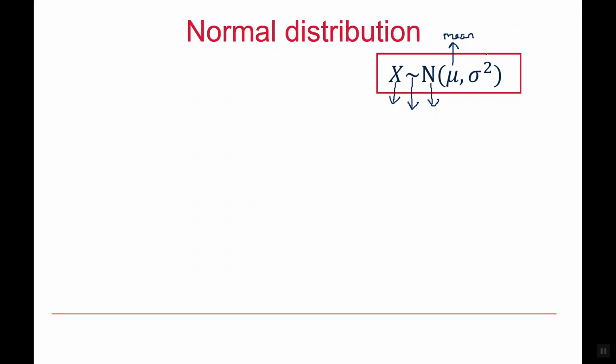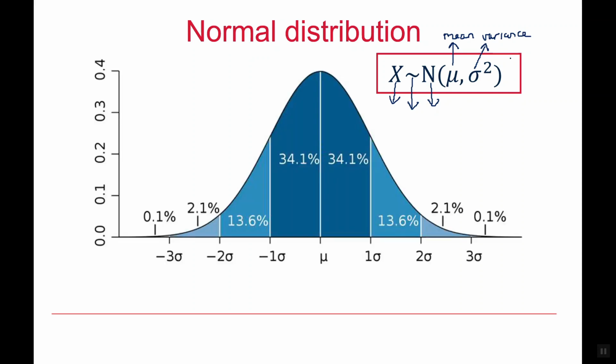The first one is the mean mu, and the second one, just make note, is not the standard deviation but the standard deviation squared, or the variance of that particular distribution.